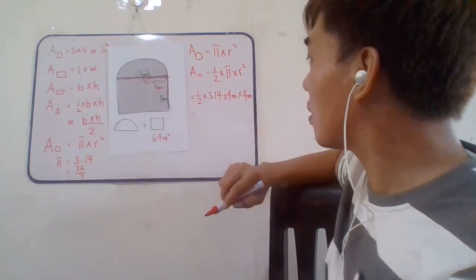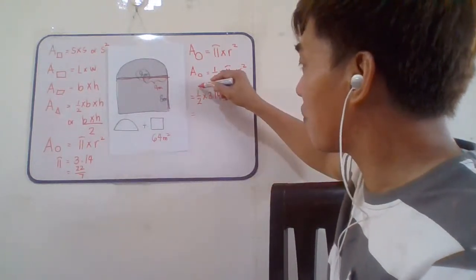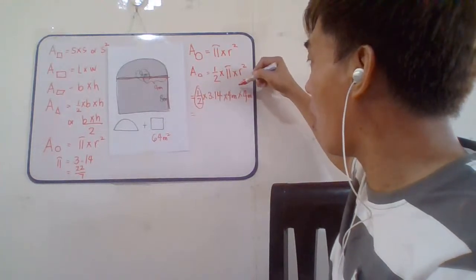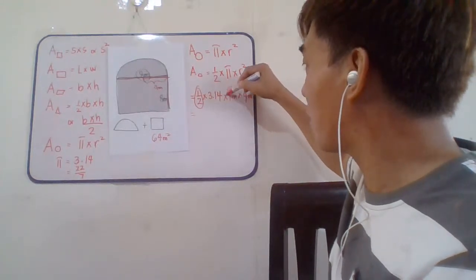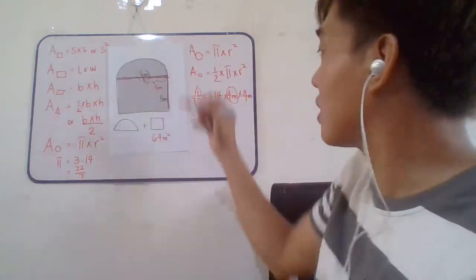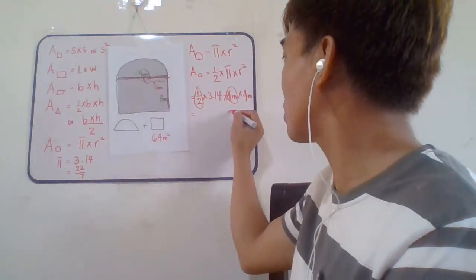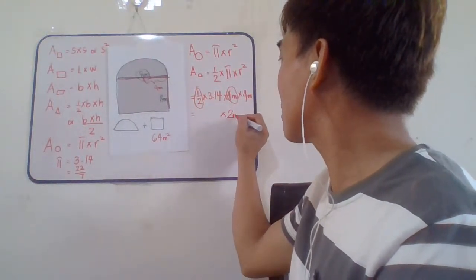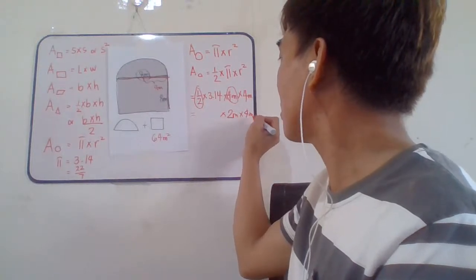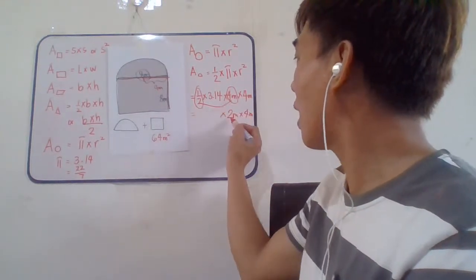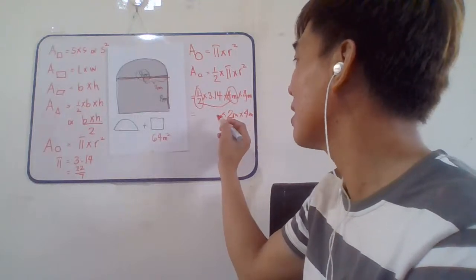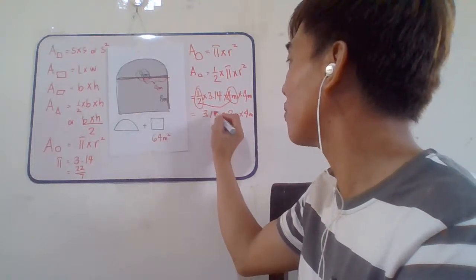So it would be best if we first get the half of 4, which is equal to 2. That's 2 times 4 meters. Half of 4, which is 2 meters times 3.14.